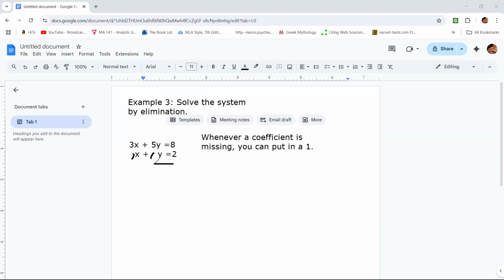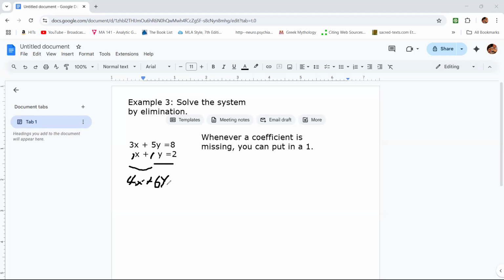If I go and I say, okay, here I have 3 and 1. That's going to be 4x, right? And if I have 5y plus 1y, that's 6y. So I'd have 4x plus 6y.